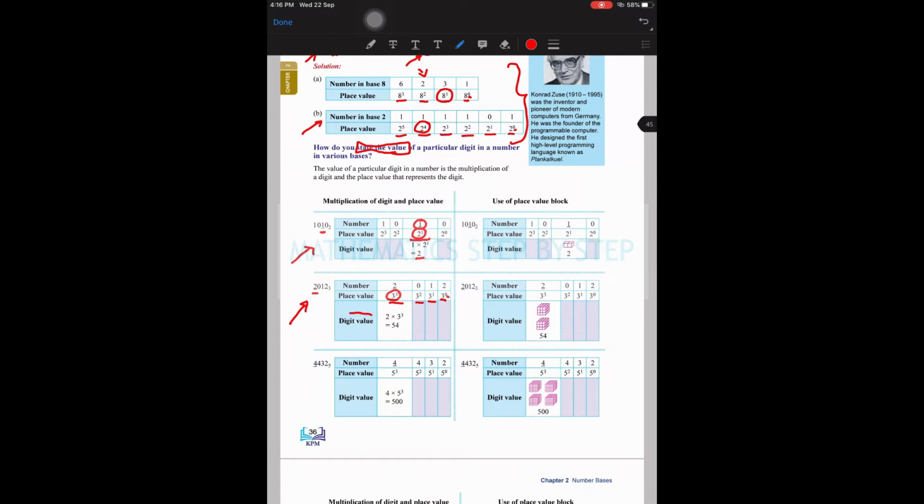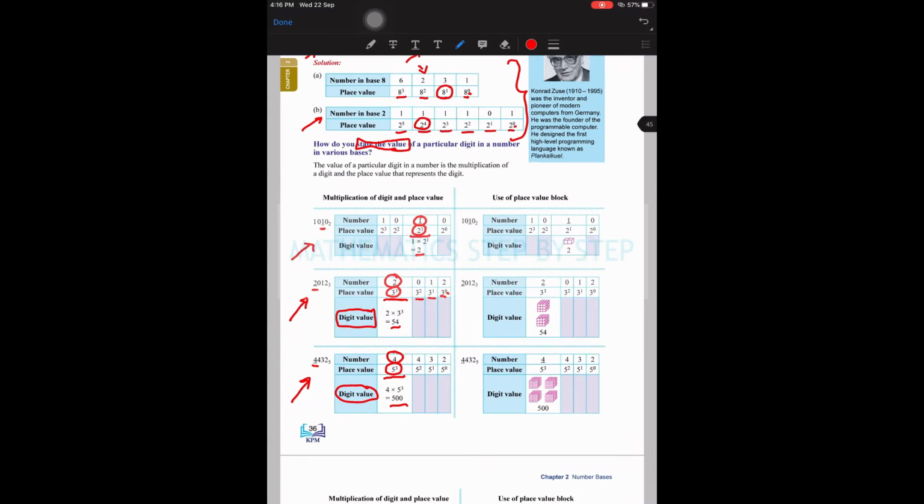And then now the digit value of the underlined digit will be 2 times 3 to the power 3, which is 54. Okay, then for this case 4432 base 5, the place value for this underlined digit will be 5 to the power of 3, and the digit value will be 4 times 5 to the power of 3, which is 500.